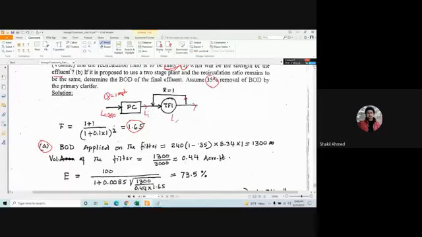So Li will be, as you know, effluent: Li equals 1 minus E into the initial L. So Li will be 1 minus E, which is 0.35, into L. L is what? L is 240. So whatever you get, this.